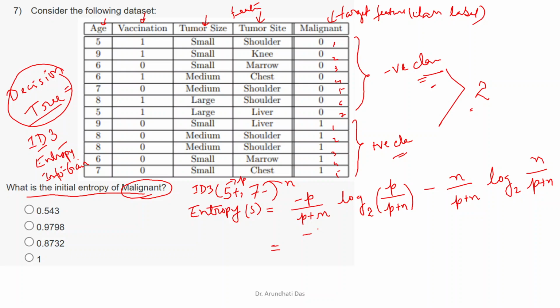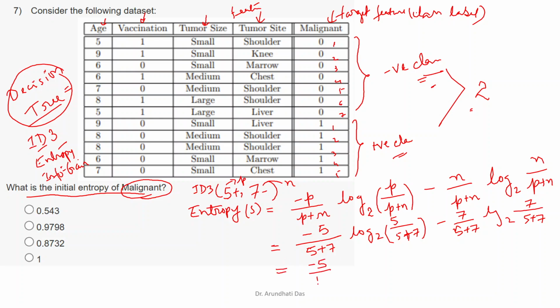So minus P count 5, then P plus N, 5 plus 7, that is 12, log base 2 of 5 by 12, minus N count 7 by 12, log base 2 of 7 by 12.